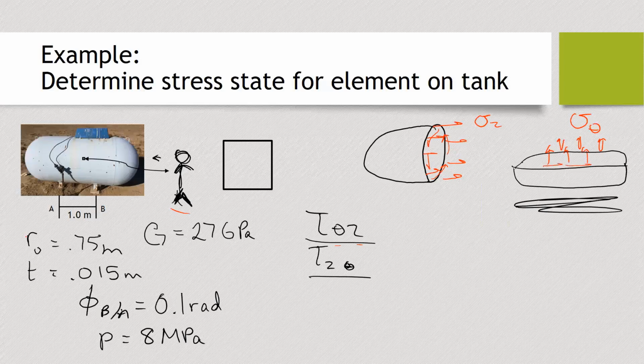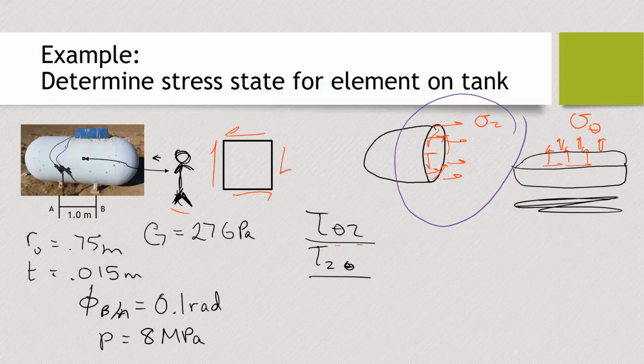But this image is a little bit easier, at least for me, to visualize because I know that the torque is going around the circumference, and so it's easy to visualize that I have those shear stresses running around the circumference. But technically speaking, you also would have them on this other cut because, when you look at your little cube, you're going to have the shear stresses acting like that on all four sides, right?